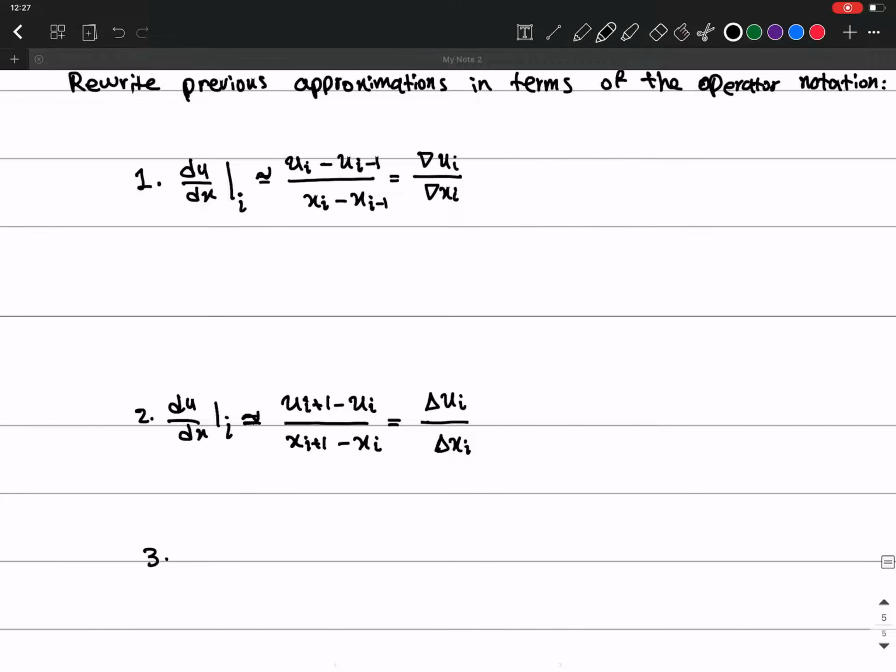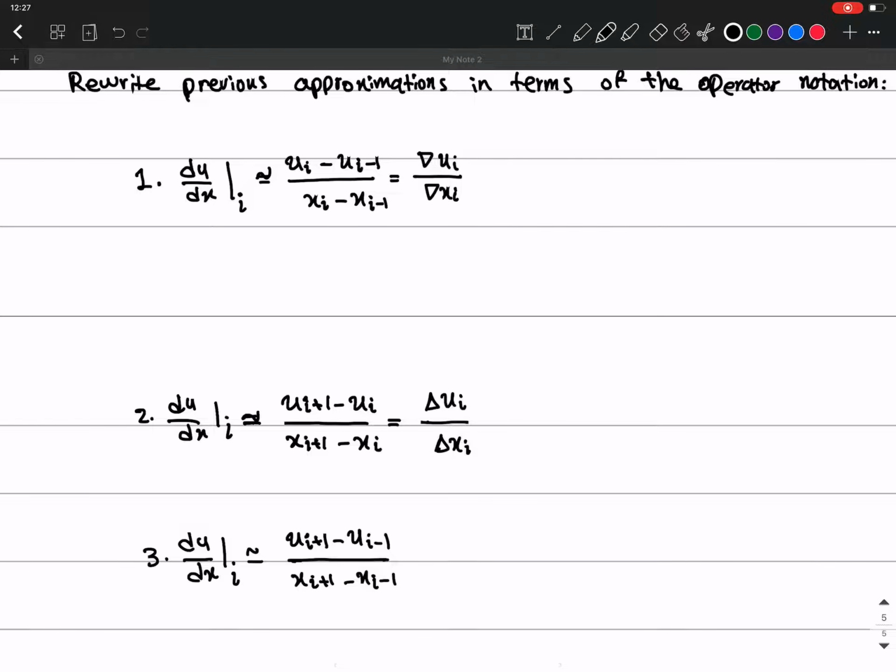The third one was du over dx at i approximated as ui plus 1 minus ui minus 1 over xi plus 1 minus xi minus 1.